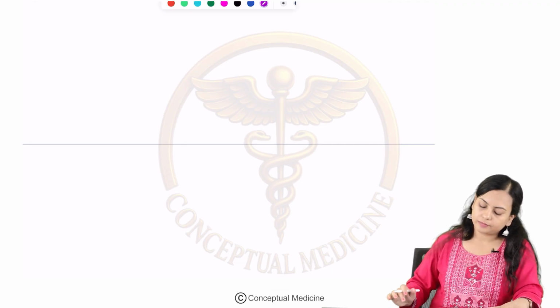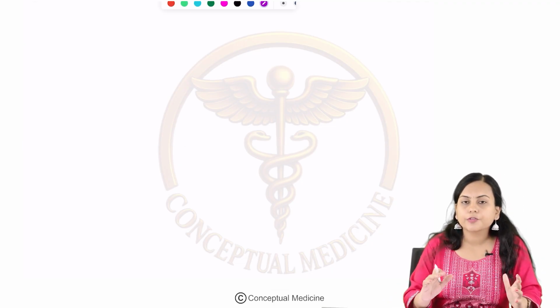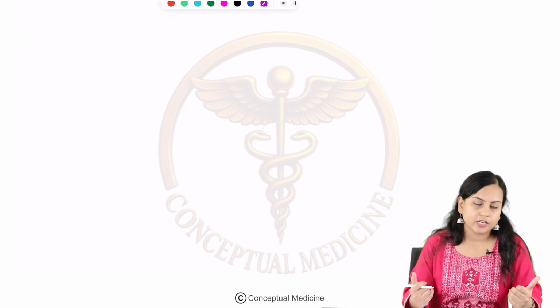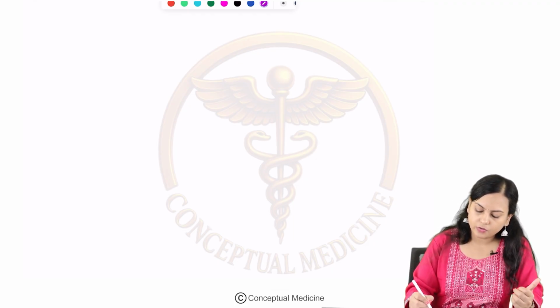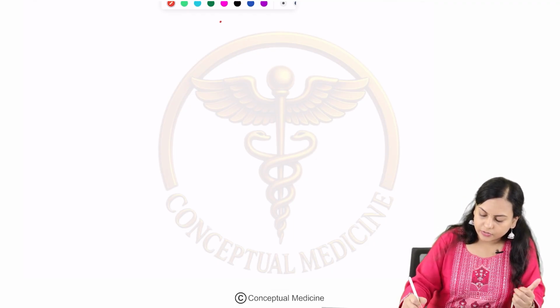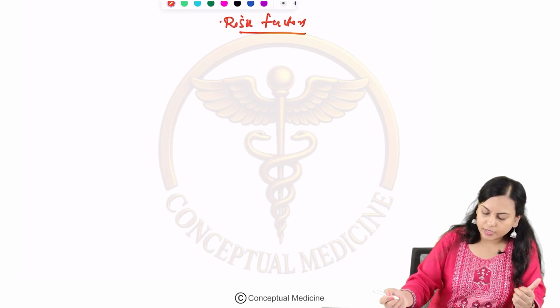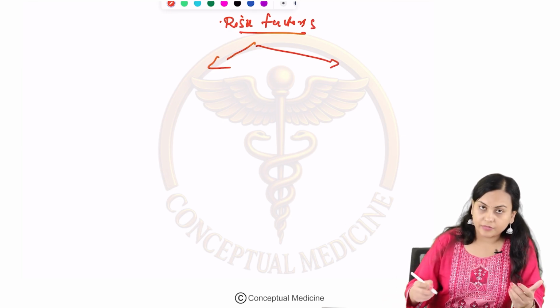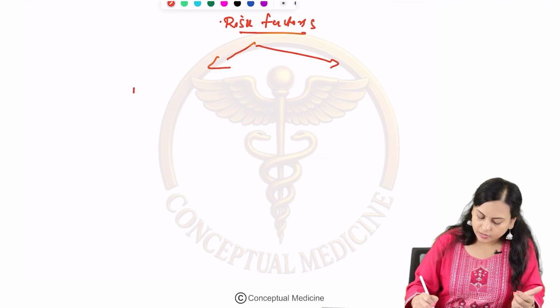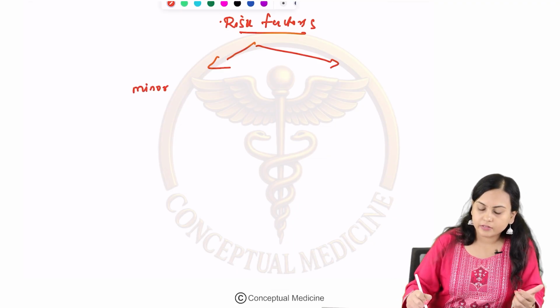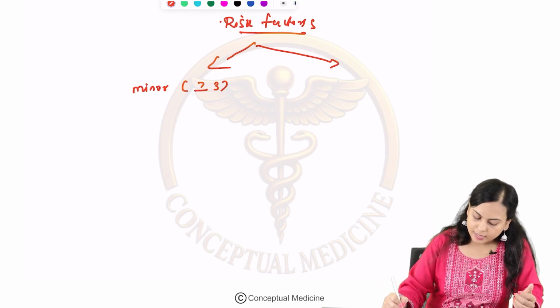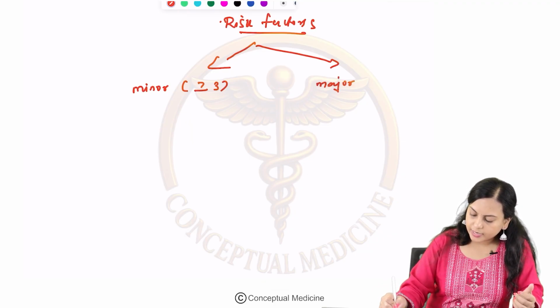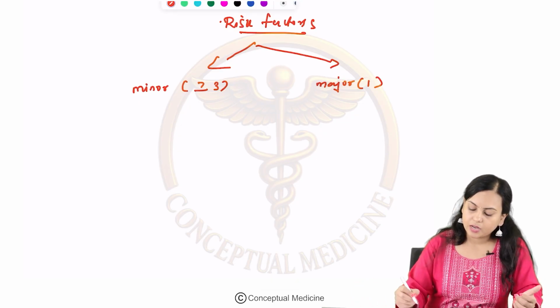Clear? Okay. Now we will see how we are going to follow up the IUGR cases. Okay. So, we are going to consider the risk factors first. Okay. So, according to the risk factors. Okay. Suppose if you find in the first trimester there are minor risk factors seen, more than or equal to 3 minor risk factors, and there is at least one major risk factor.